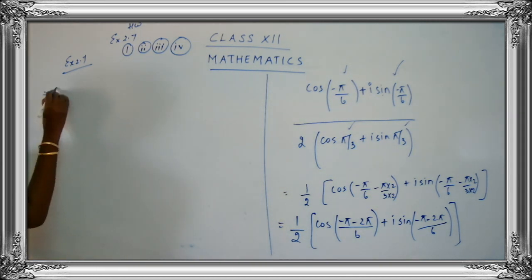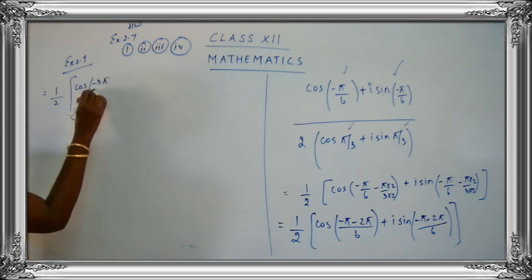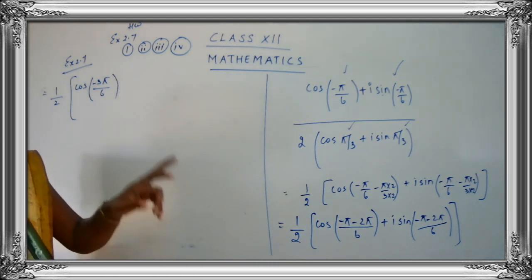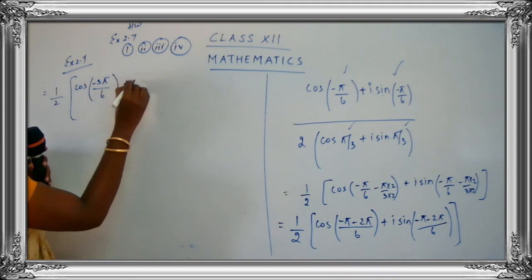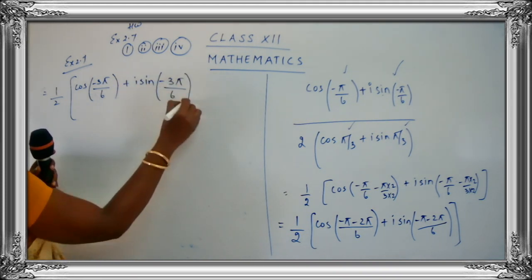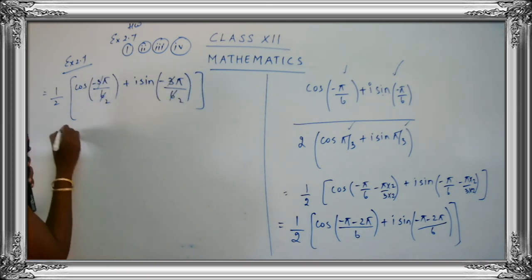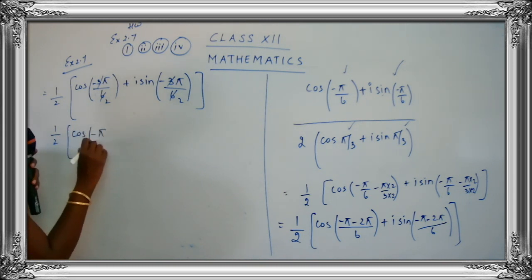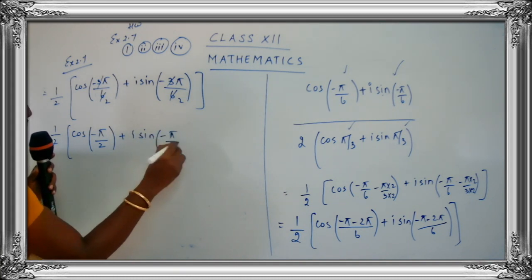So this is half of cos minus 3 pi by 6 plus i sine minus 3 pi by 6. So 3 by 6 is 1 by 2, half cos of minus pi by 2 plus i sine of minus pi by 2.